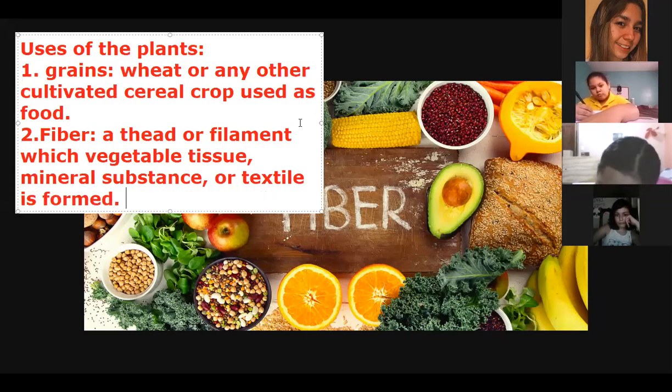So as you can see here in the definition, the fiber can be used for vegetable, for mineral, for textile. So these are the two definitions that we have for this grain, okay?